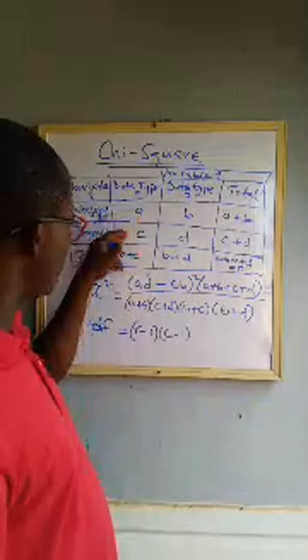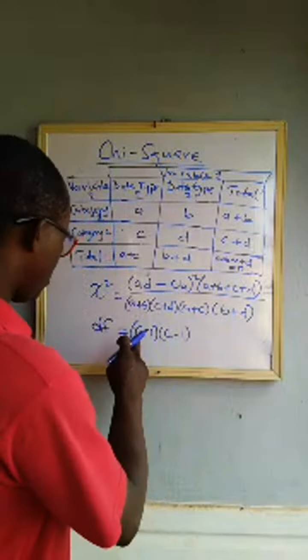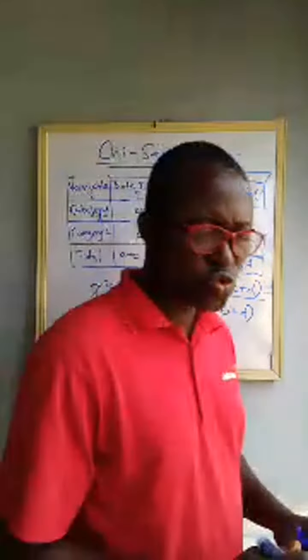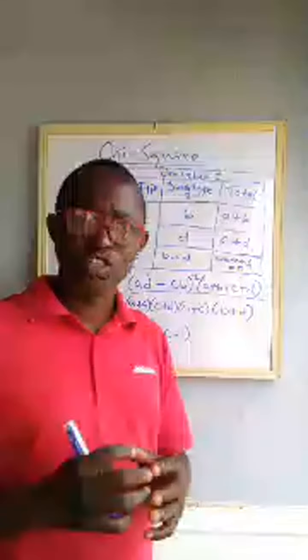We have two rows and two columns, so for this 2 by 2 contingency table, it will be 2 minus 1 multiplied by 2 minus 1. You can have more than 2 columns or 2 rows, depending on the type of research you are carrying out.